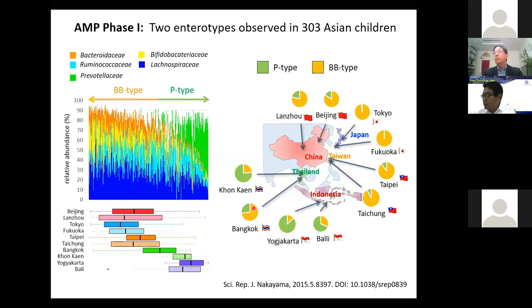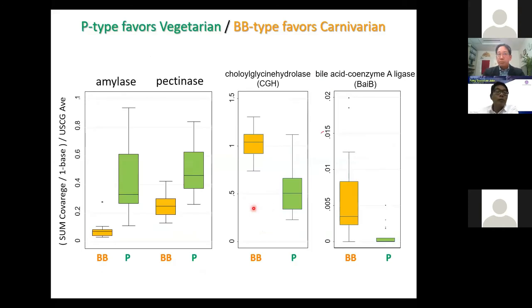But as long as we only see the 16S rRNA data, we never get the functionality of these microbial communities. We just know the names of the bacteria present there.